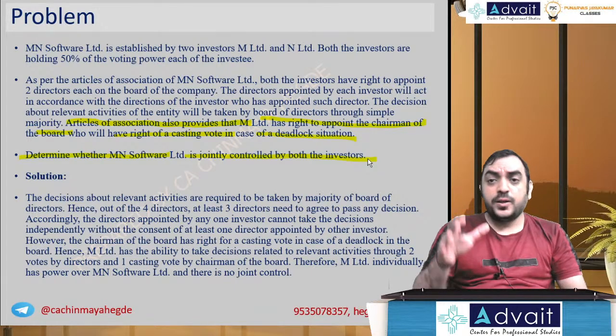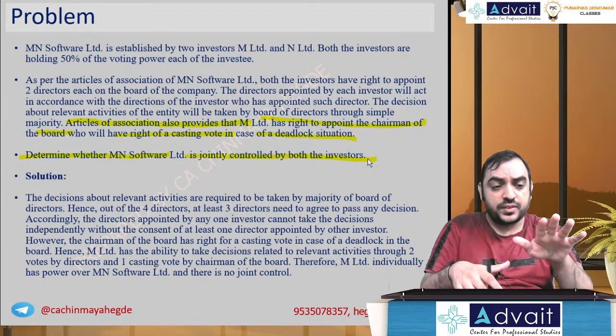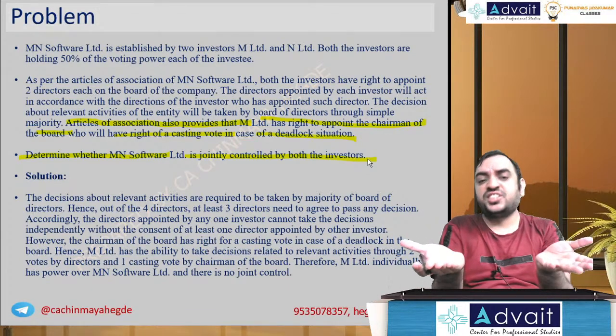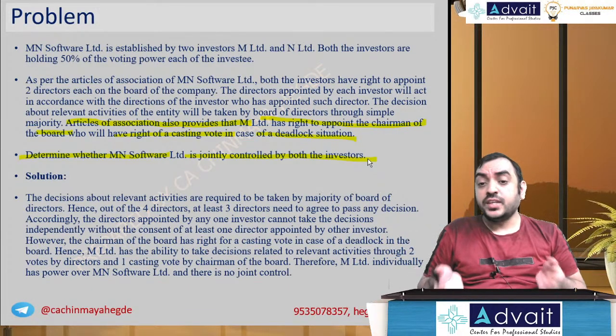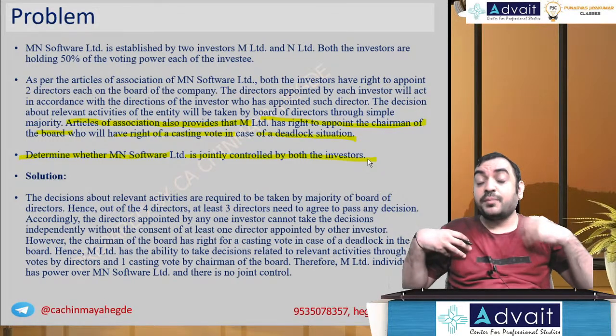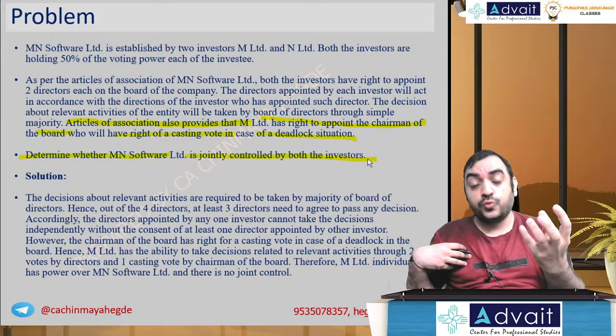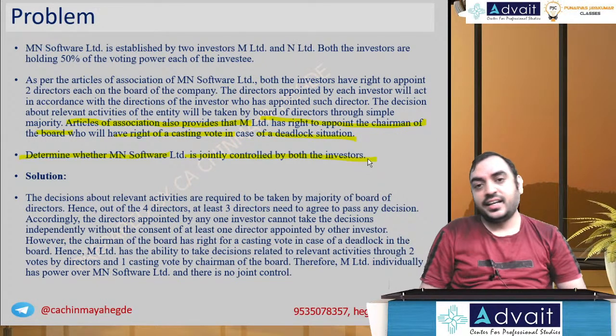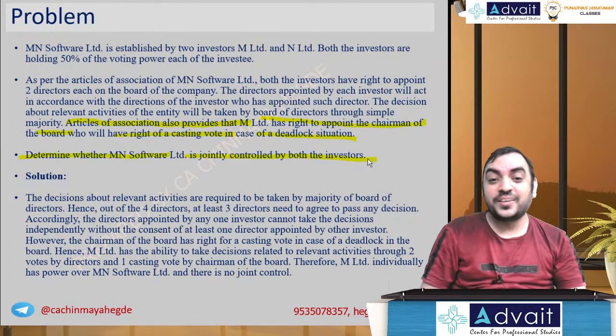In this example, if one group says yes and the other group says no, that is a 50-50 situation, and majority will not come. We call it a deadlock situation. In this case, the chairman can have a casting vote, an additional vote to break the deadlock. And who can appoint that person?